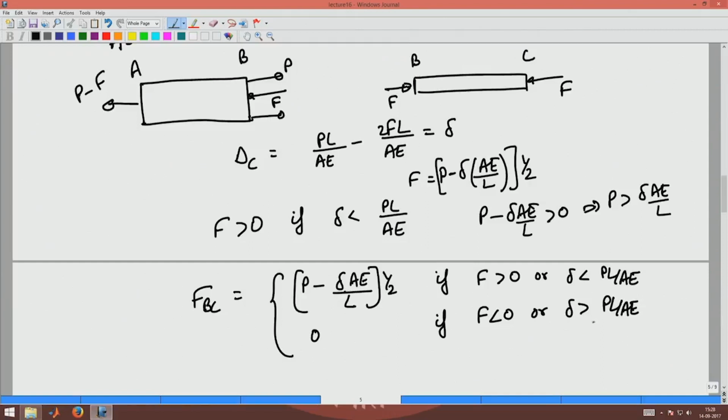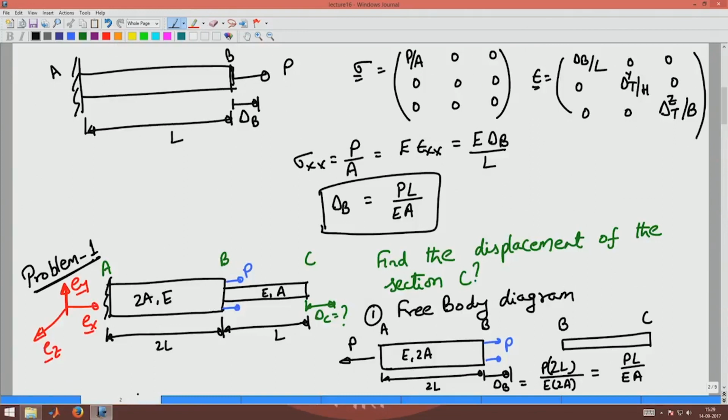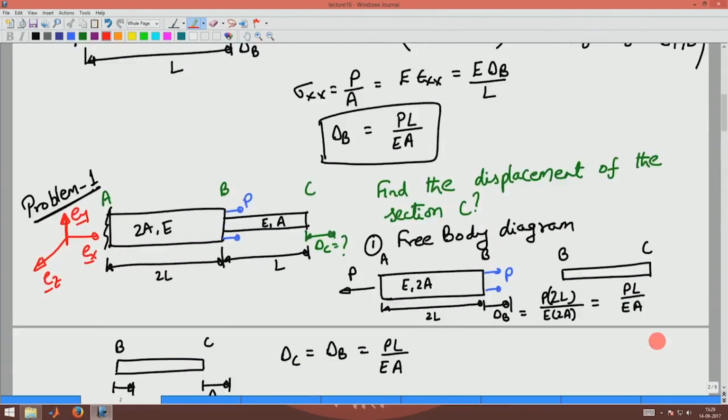Now, in problem 1 we saw that the expansion that C will have due to the applied load P is PL by AE, right. In problem 1 we found that delta B is PL by AE and that is equal to delta C, right, delta C and delta B were PL by AE. So, if the gap is more than PL by AE, then C will have a free expansion.